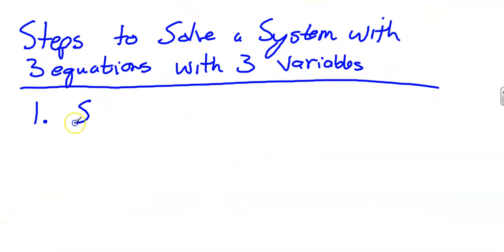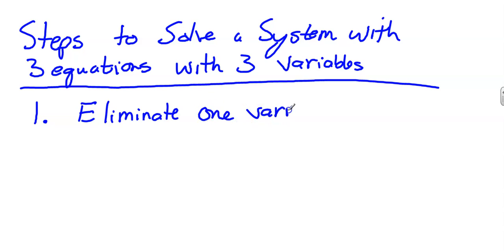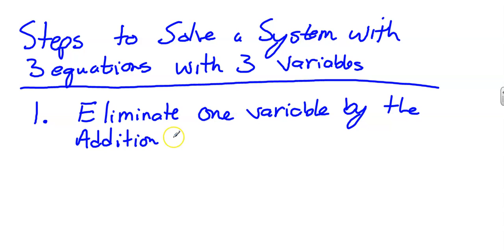So here's what we're going to do. We're going to eliminate one variable by the addition method, with 2 equations.